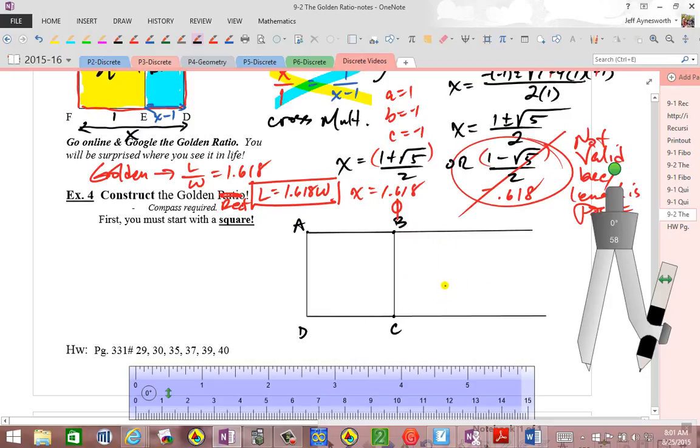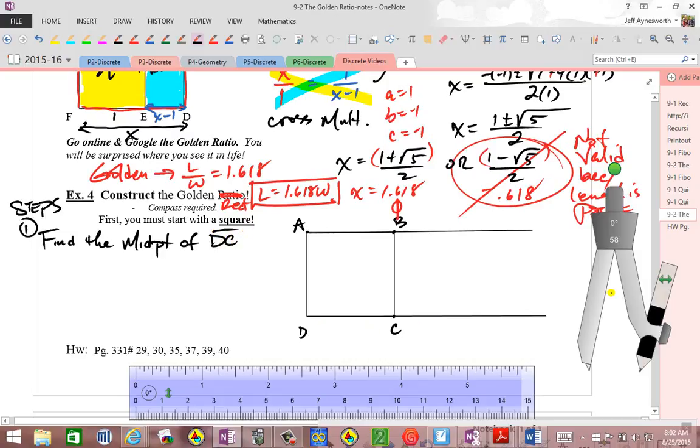The very first thing we do is find the midpoint of DC. First step. Not BC, DC, sorry. Misread my diagram here, so DC.